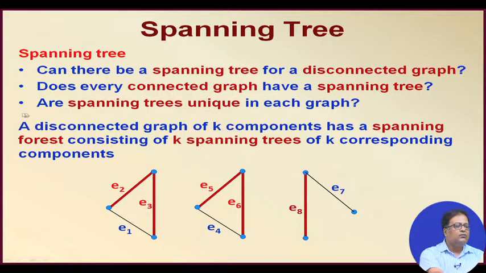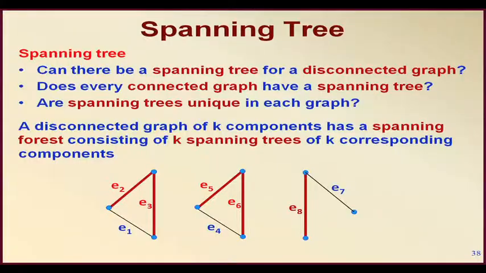Now, can there be a spanning tree for a disconnected graph? The answer is no. A disconnected graph has components, and that kind of graph will not have a spanning tree, but it will have a spanning forest, and each component will have a spanning tree. That is what happens in a disconnected graph.